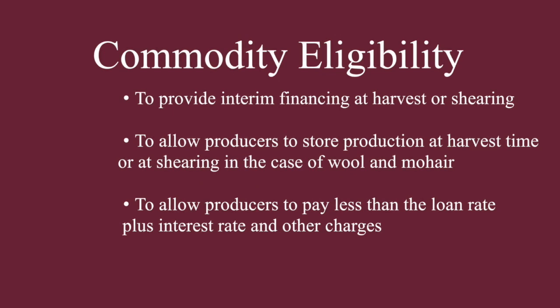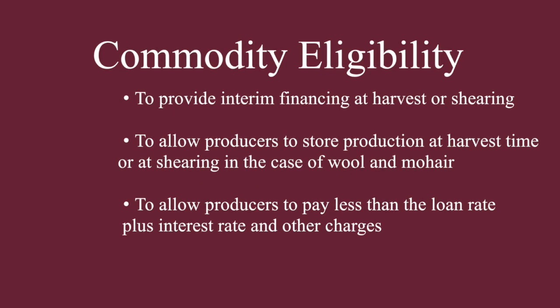Then your commodity also has to be eligible to apply for marketing assistance loan or loan deficiency payments. To be eligible, one of the conditions is that it has to be produced.